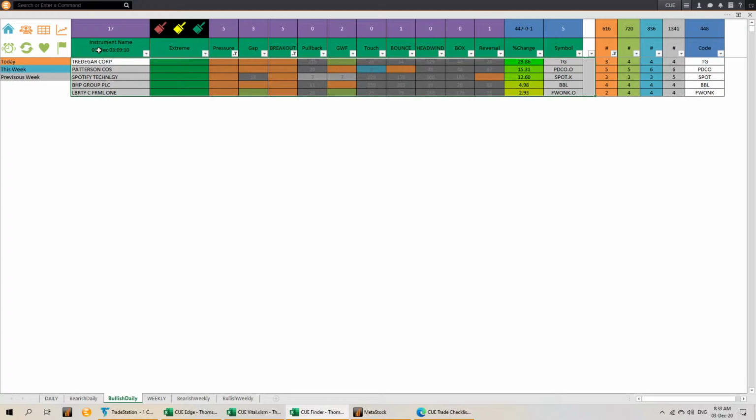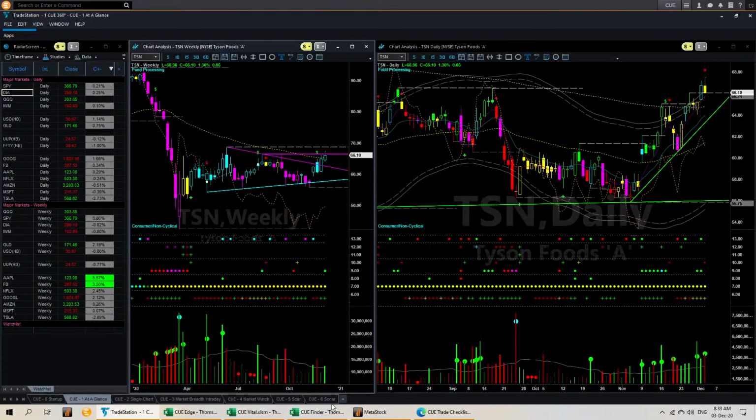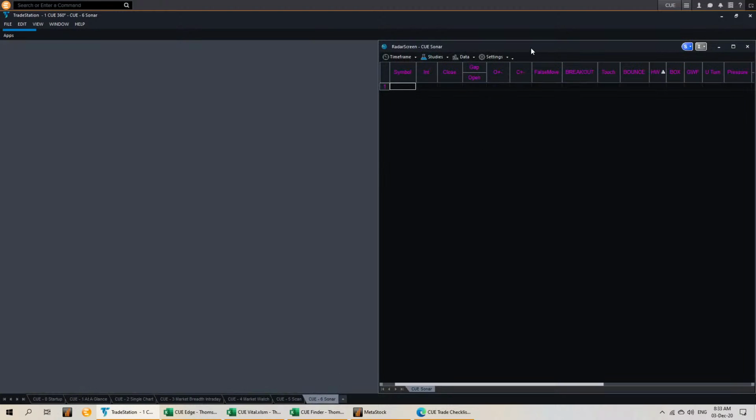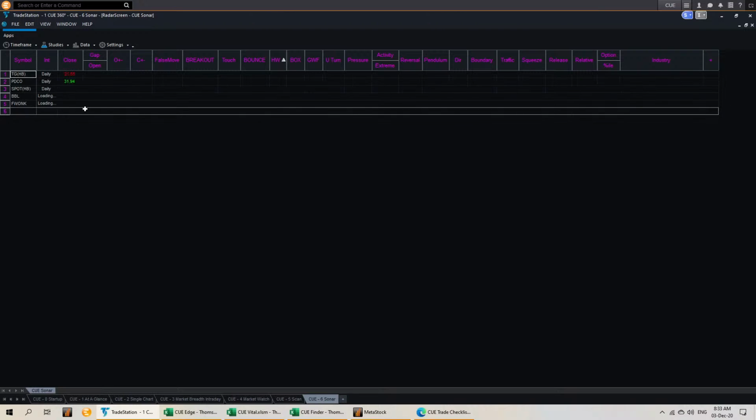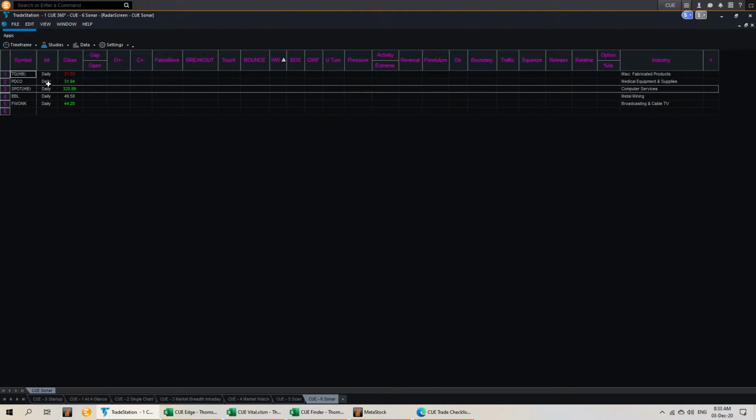That selected not the Reuters or Refinitiv symbols on which Finder works, but the ticker symbols. Now I may go to QLI radar that runs on TradeStation and right click paste, or you may use the hotkeys Ctrl V. That will get the stocks on the QLI radar.